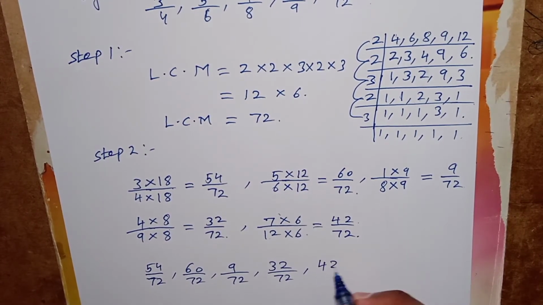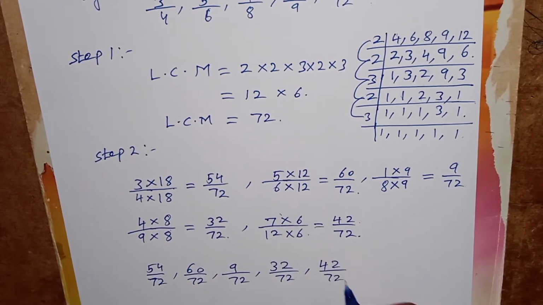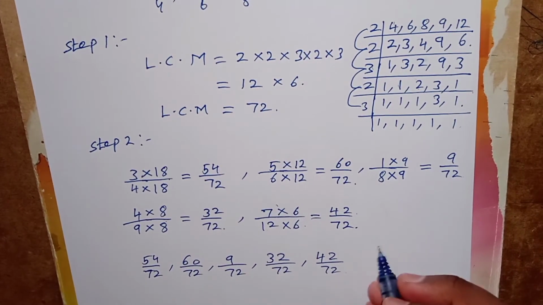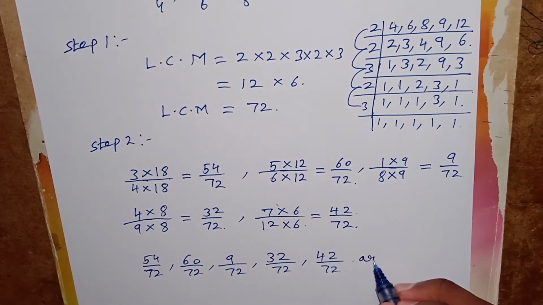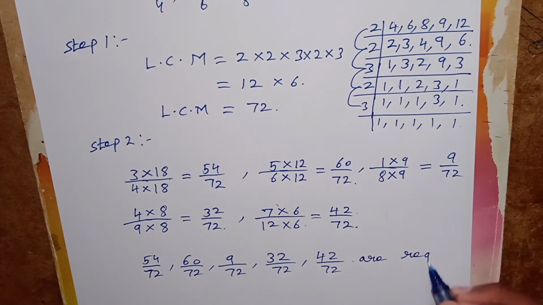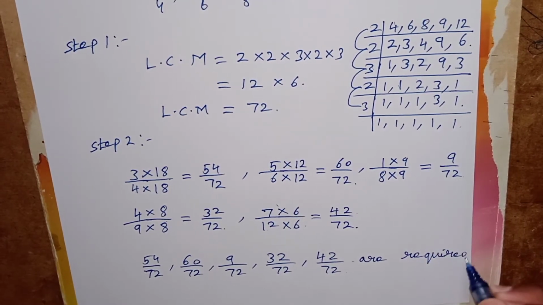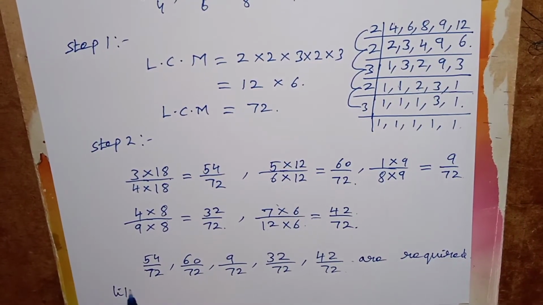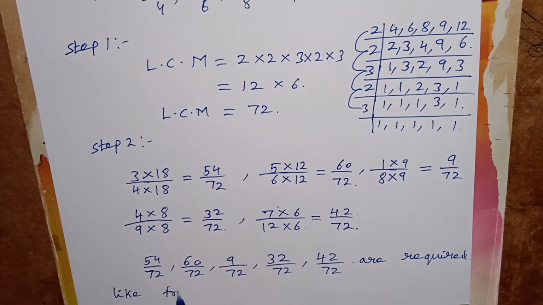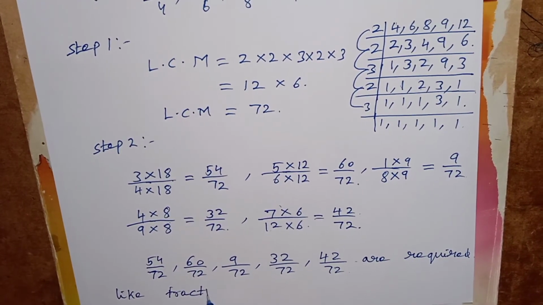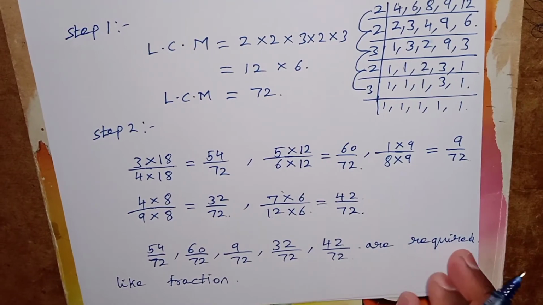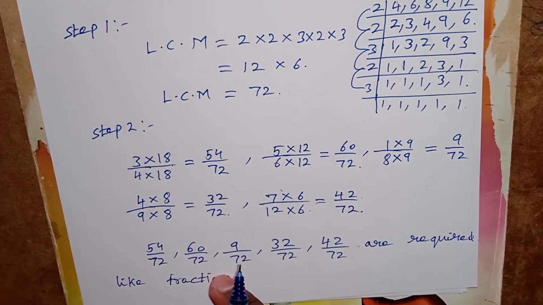Last, finally, 42 by 72. These are my required like fractions.